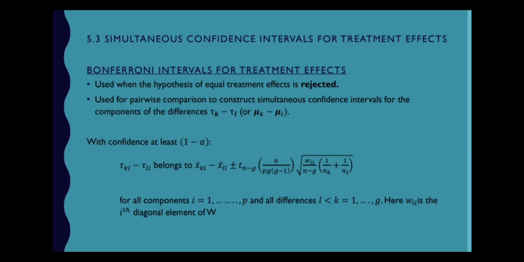So from the matrix of W, you observe the diagonal. W ii refer kepada the ith diagonal element of the W matrix.